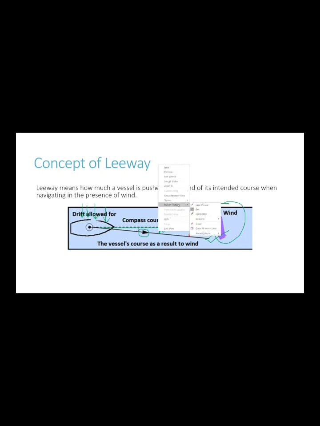Now important thing to understand here beta is very important. Vessel will always keep on steering 090. Let us say in a particular case this leeway angle is 10 degrees. Vessel was steering 090. Can you tell me beta what will be the direction of the leeway track? 100.